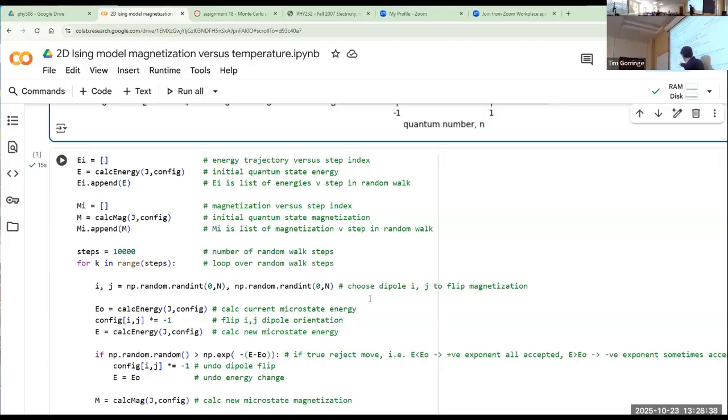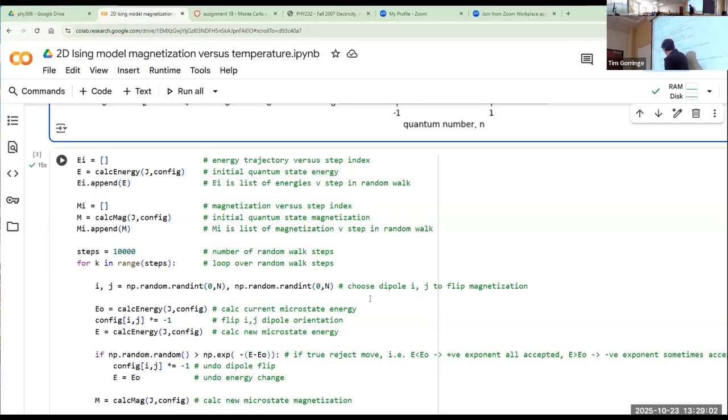So look here, I'm using random int twice to select a random i and a random j to locate some dipole on the chessboard. And that's the one I'm going to try and flip up if it was down, or flip down if it was up. So I've got my i and j now.